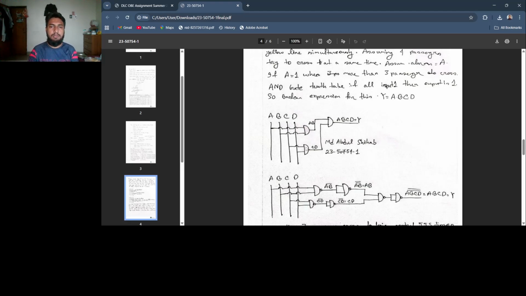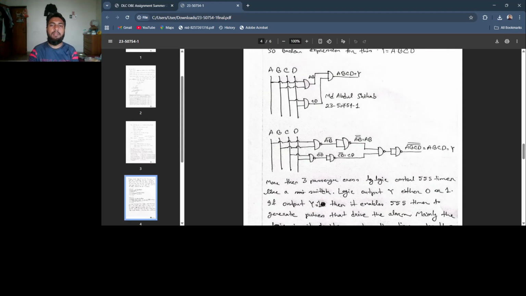Then I choose a CD AND gate. Output is CD, and these two AND gates AB and CD I again connect with an AND gate, and my output is ABCD.